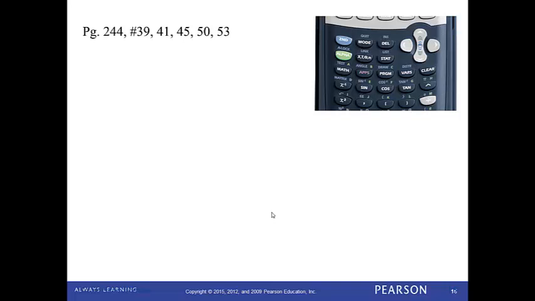We're going to start by looking at number 39. This is our word problem. So let me read it. The instructions say find the z-score that corresponds to each value and determine whether any of the values are unusual. In 39, it says the SAT is an exam used by colleges and universities to evaluate undergraduate applicants.